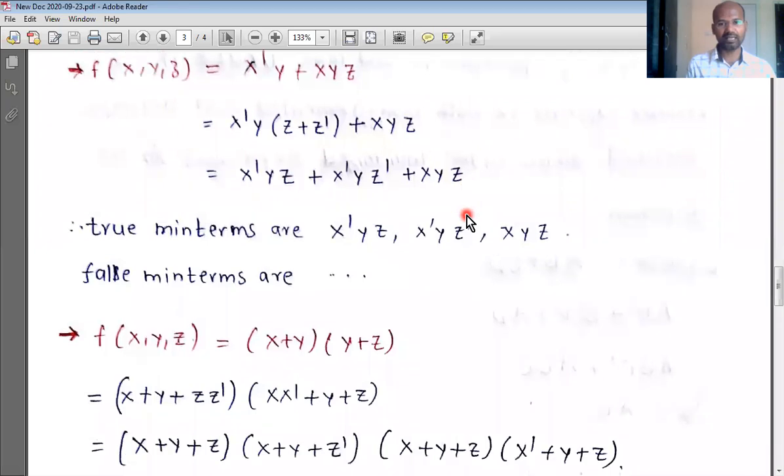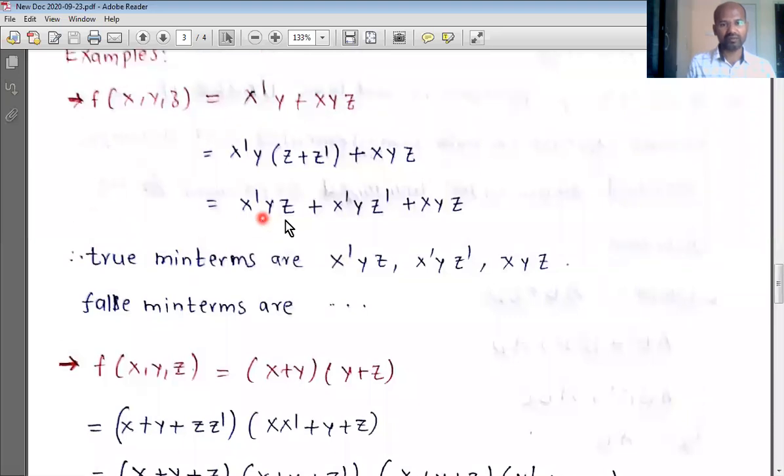Now if you compare this function and the function given, in the given function this term is not a minterm. After converting, this is the resultant function. They are exactly the same. Now each and every term here is a minterm. x bar yz is a minterm, x bar y z bar is also a minterm, xyz is also a minterm.